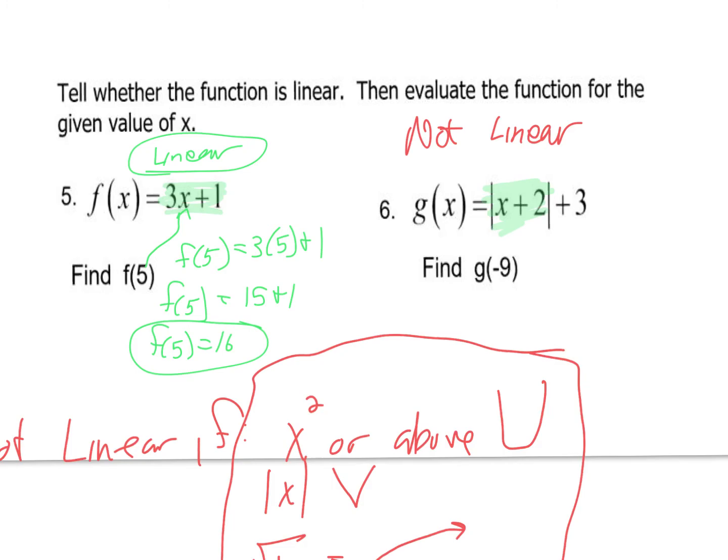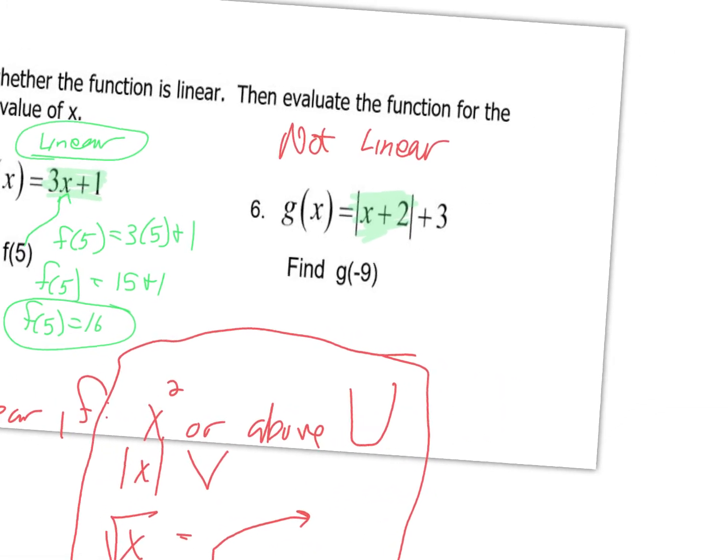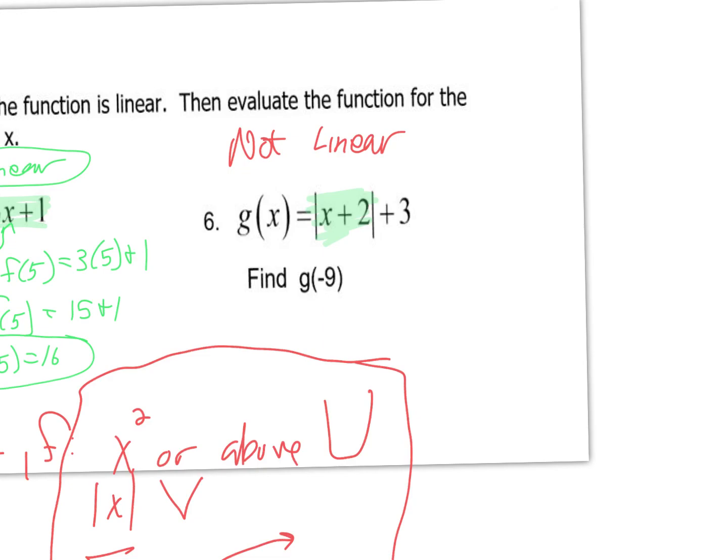Okay, so now from here, I'm going to kind of scooch the slide over so I have more room to work. Sorry. Okay, so now from here, let's do the math. So I'm going to put negative 9 in for x. So g of negative 9 is equal to the absolute value of negative 9 plus 2, plus 3.